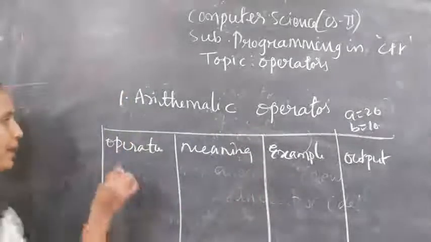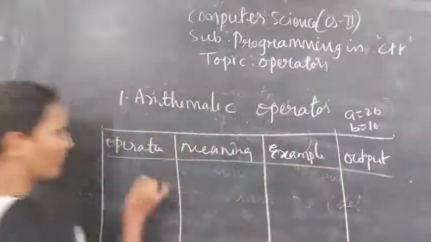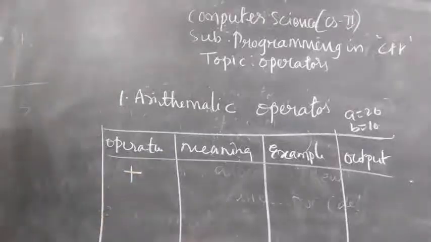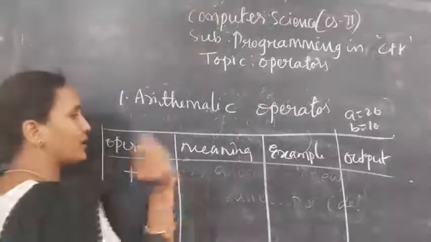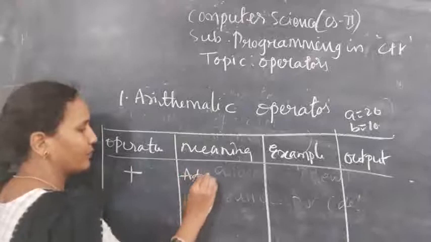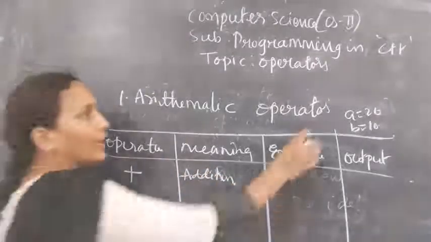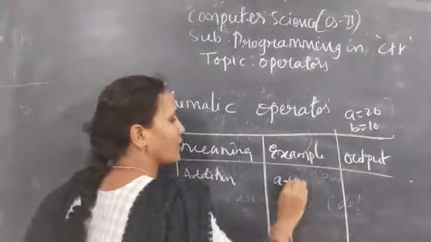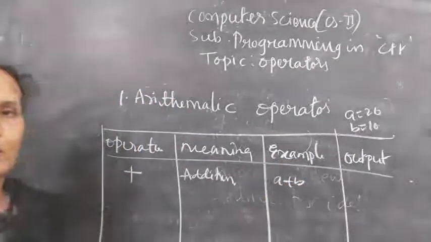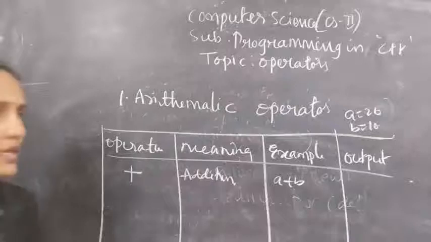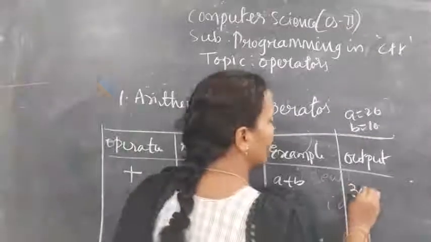So here the operator is plus. The meaning of this operator in this program is addition. Now here A plus B, how much will you get? A value is 20, B value is 10, so your output will be 30.